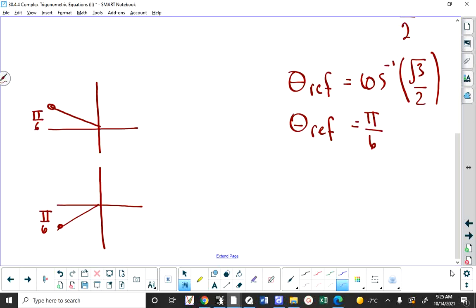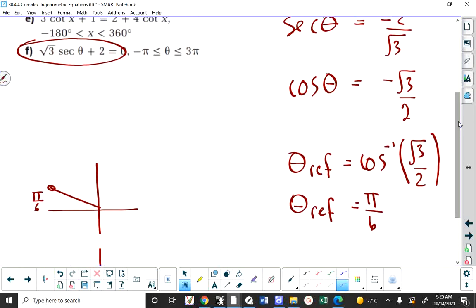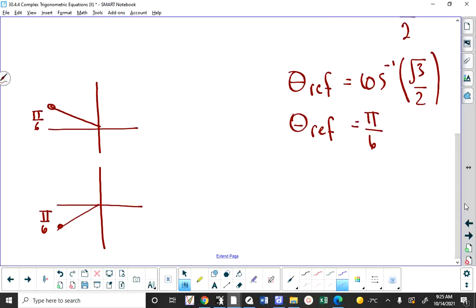If you have this goofy domain, which we do, negative pi to 3 pi, not everybody is capable of wrapping their head around the rotations to negative pi to 3 pi. Not everybody can do that. So ignore that and just start off by looking at these rotation angles. And then you're going to use those rotation angles to determine rotation angles between negative pi and 3 pi.